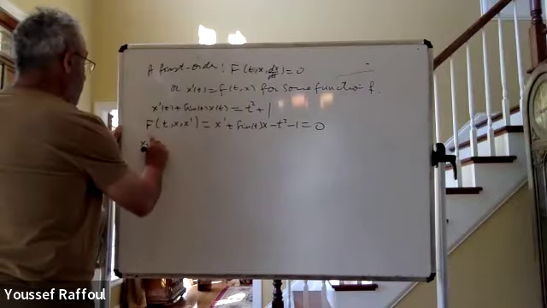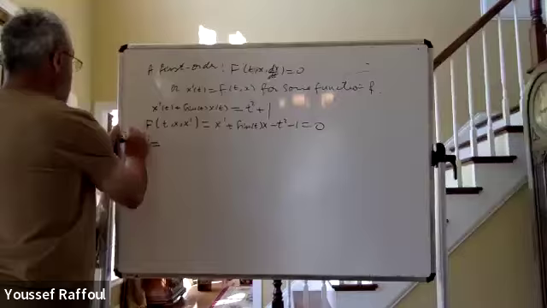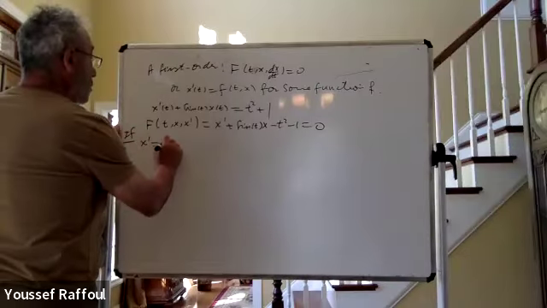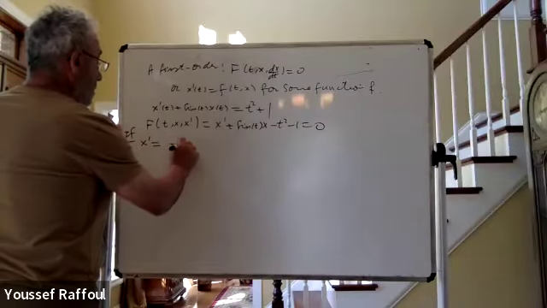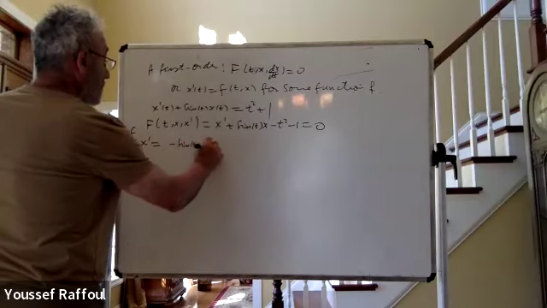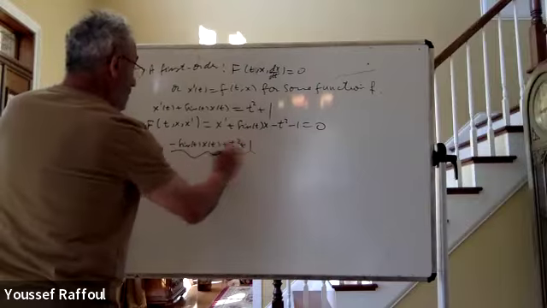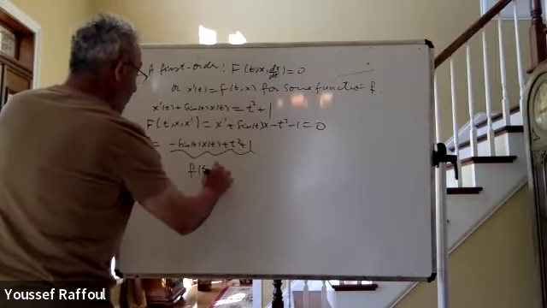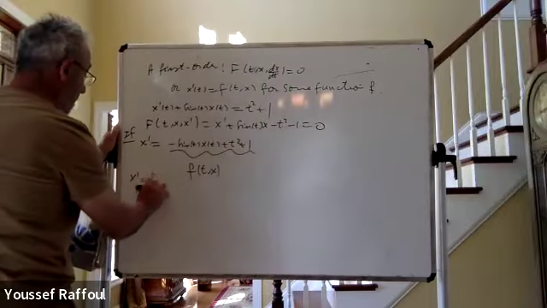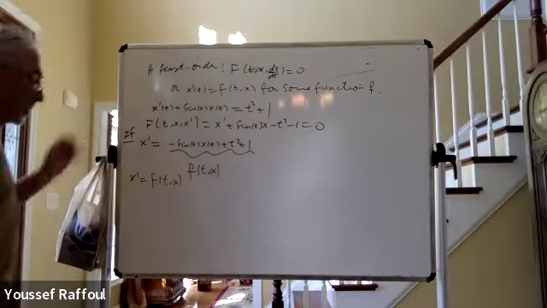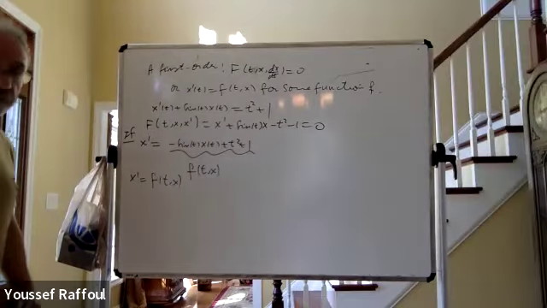And if I write x prime equal to minus sine t x of t plus t squared plus 1, so this is f of t, x. So you have x prime equal f of t, x. Okay?